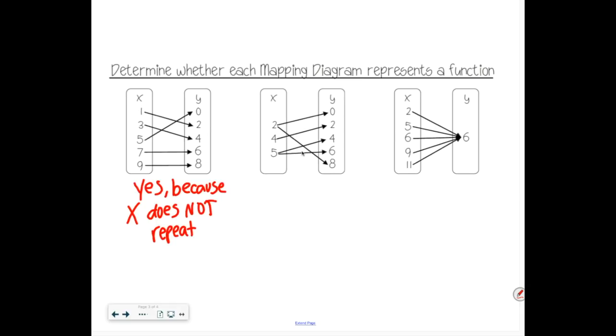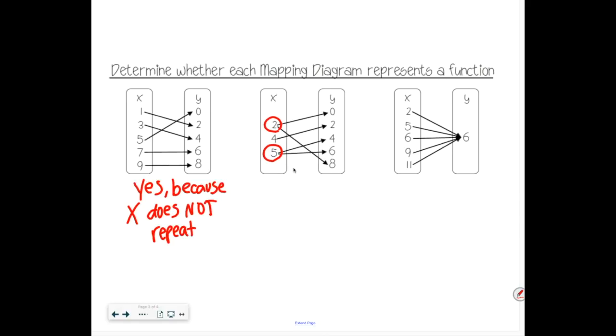So in that next one, you automatically notice this 2, when it goes in and its output is 0, but then it repeats. You go back to 2 and you get 8. So I'm going to go ahead and circle that. This one, and then 4 only has one output, but 5 also, right? 5 also goes out and then goes out again.